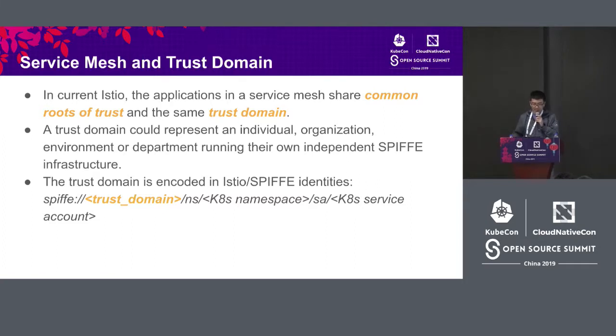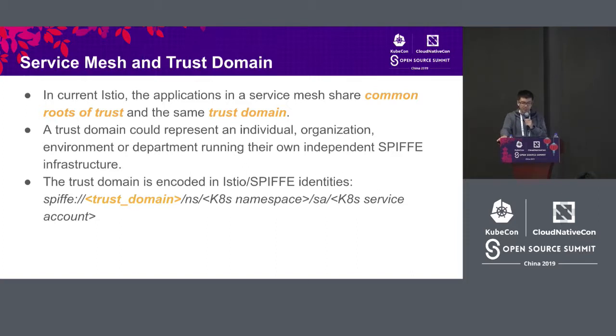In the following slides, I'm going to talk about the technical details and various approaches that we recommend for service federation. Going back to the question of what a service mesh and trust domain are: in terms of security, in the current Istio, the applications in the service mesh share the common root of trust, and they are within the same trust domain.